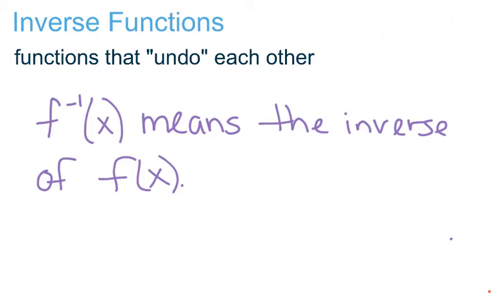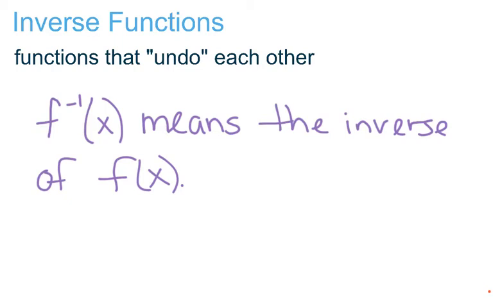Same thing if you had 3x equals 6. There's multiplication going on. You undo multiplication by division because multiplication and division are inverses. They undo each other. So it's pretty much the same thing. Anytime you're talking about inverse, you're talking about how you can undo something.